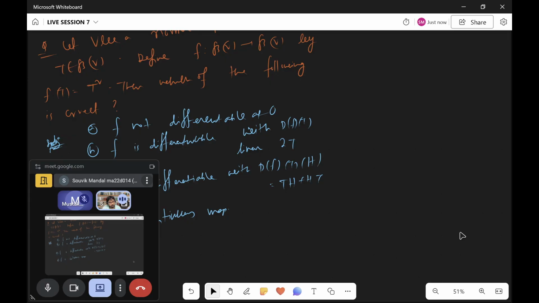Now the question: which one of them is true? So T is a bounded linear operator on a given normed space, and the map is T going to T square. Now the question is whether f is differentiable or not, and there are four options. So try to figure out by yourself which one will be true. Take your time, let me know.